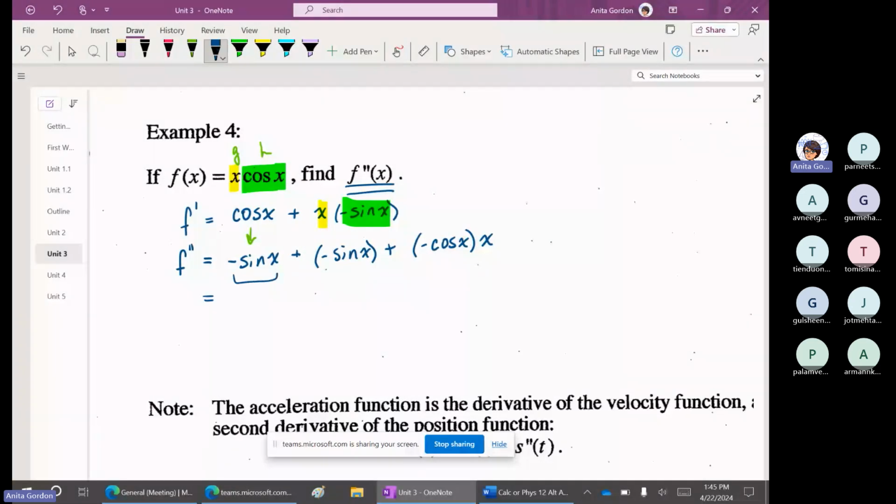I see I have a negative sine x and a negative sine x. So this is negative 2 sine x minus x cos x. So this is my F double prime.